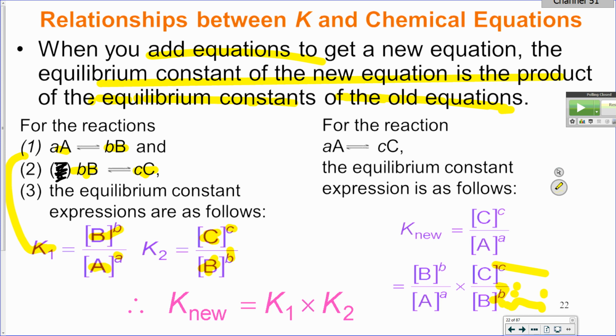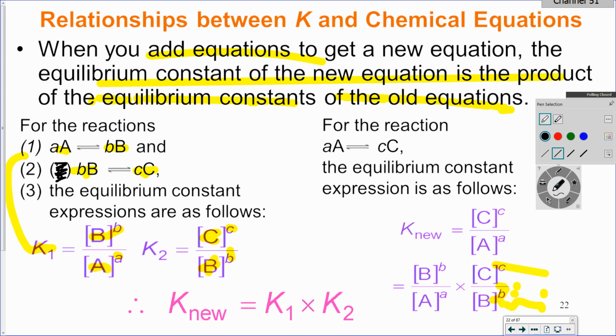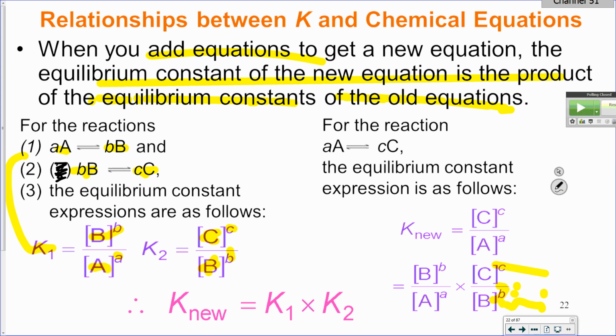So now if I want to take those 2 pieces of information and combine these, I'm going to add them together. I want to know for the reaction, little a yields little c, what is the K value for this.